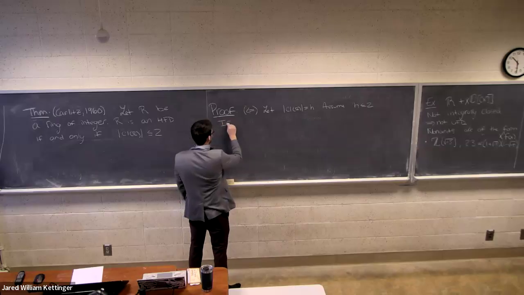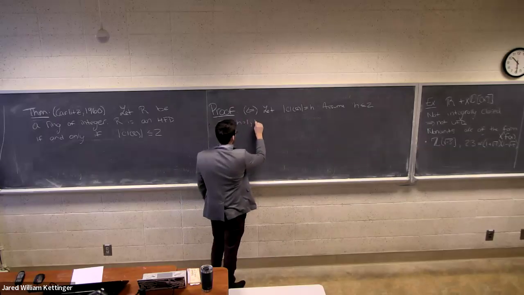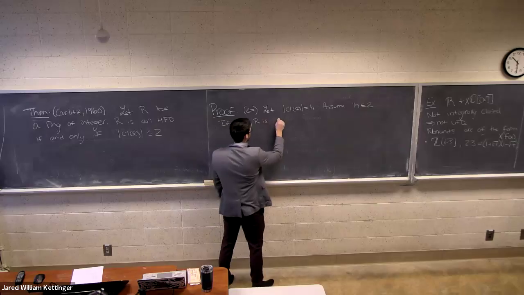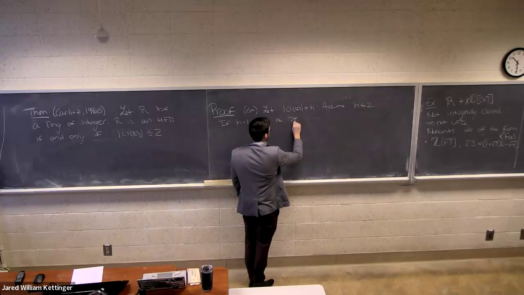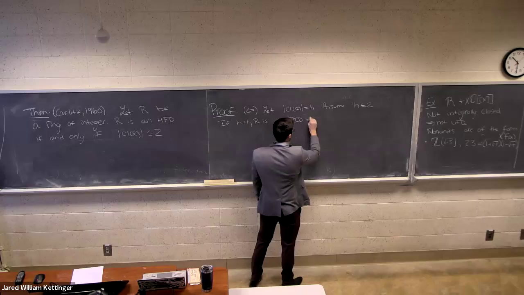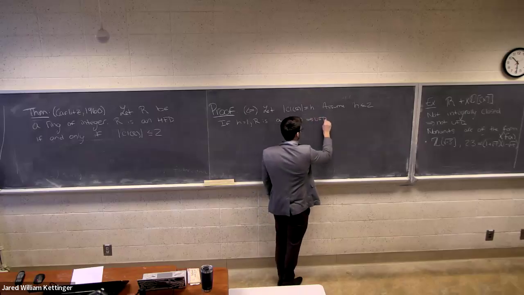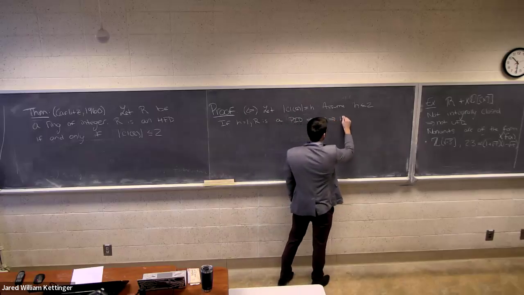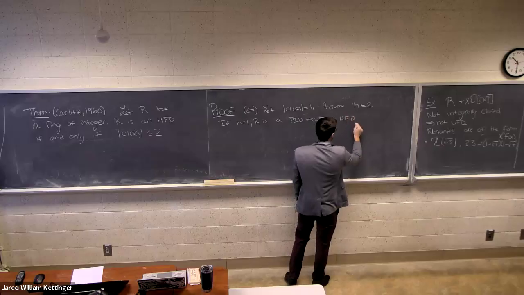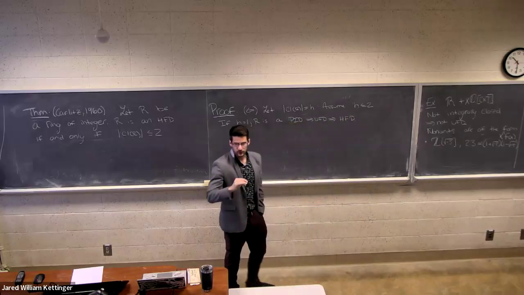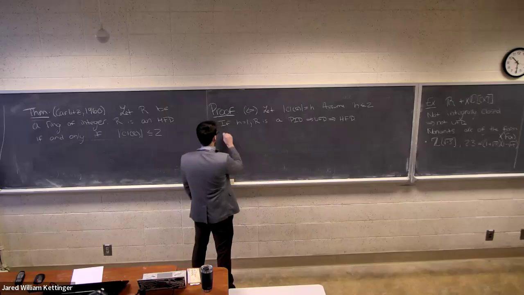Well, we kind of already talked about this. H equals 1: R is a PID, which implies UFD, which implies HFD, and we're of course done. So we're going to assume that H is equal to 2.